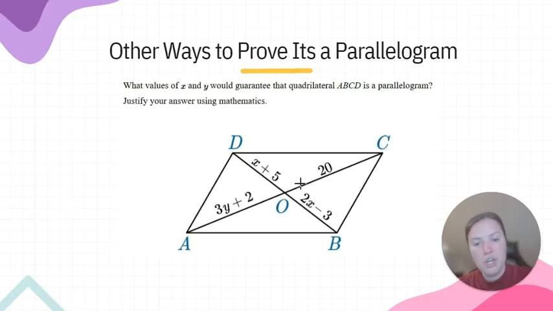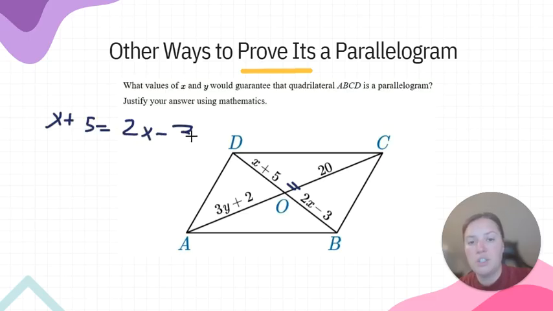So in this case, if we can show that x plus 5 is equal to 2x minus 3, then we have a parallelogram. We have to show both counts. We have to show that x plus 5 is equal to 2x minus 3, and we have to show that 3y plus 2 is equal to 20.